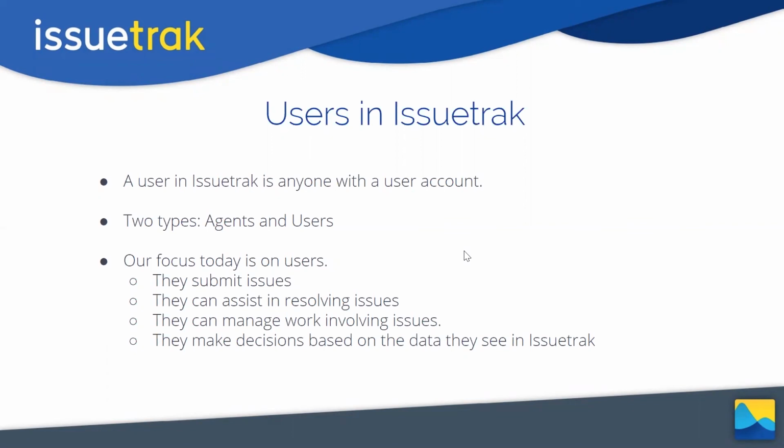They can receive an email from Issuetrak, and when they receive that email, it will allow them to access the issue and resolve the issue. Now, it still has to be closed in some cases by the agents because they're the ones overseeing the issue, but the user still can have direct access to the issue and be able to actually work that issue.